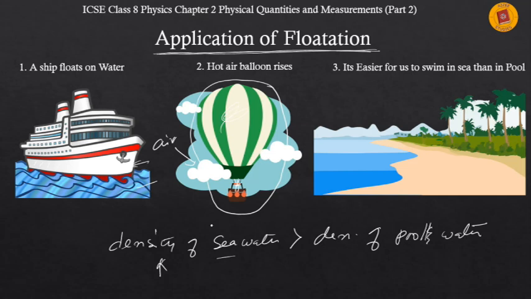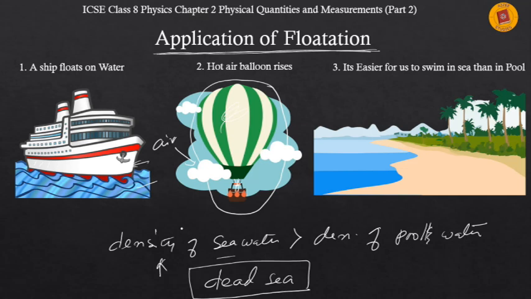One fun fact is that we can float on the Dead Sea. It's a lake, an inland sea which has so much salt in it that the density has become more than the density of us, of human beings. So we can float on this inland sea, we won't get drowned, right?